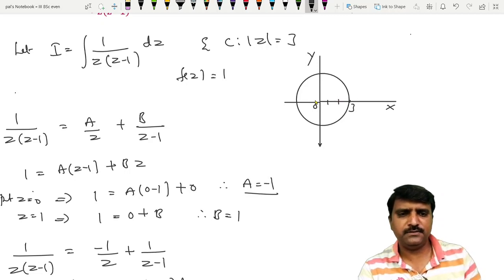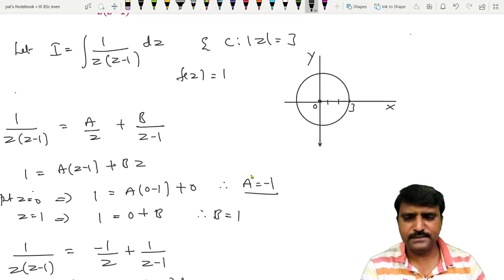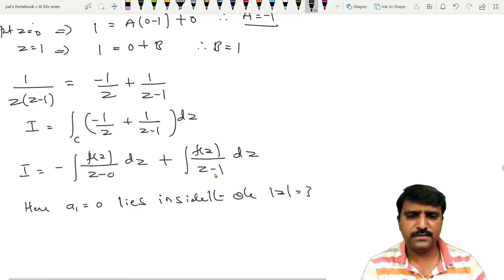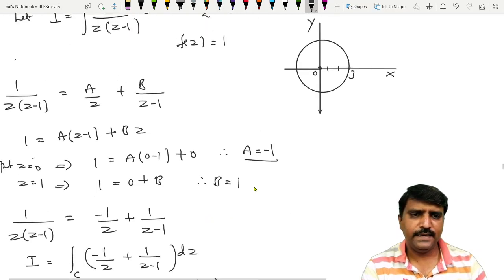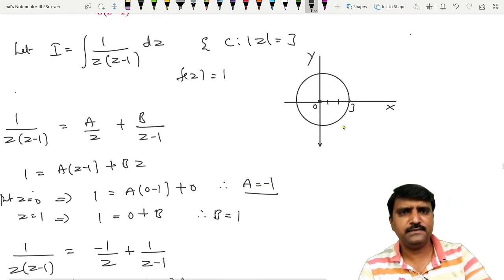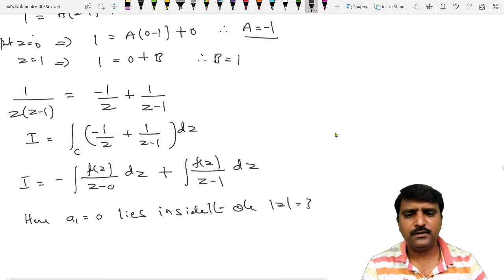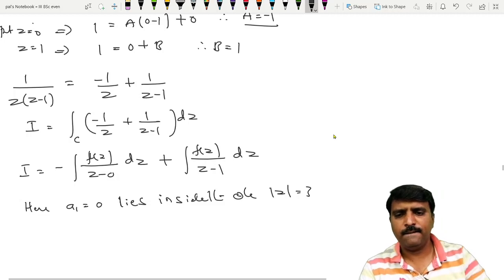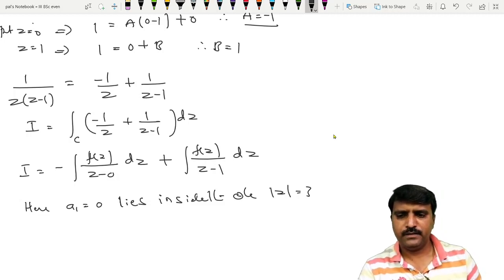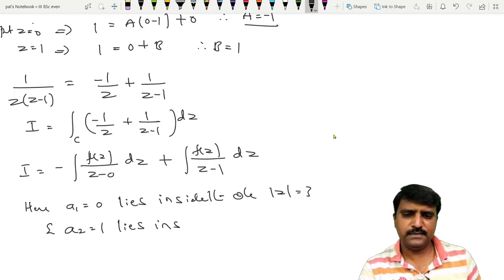So z is equal to 0 is the first point, and that lies inside the circle. Another point is z minus 1, so a2 is equal to 1. The point a is equal to 1 lies inside the circle. It is inside the circle, isn't it? So now you can use Cauchy's integral formula. And a2 is equal to 1 lies inside the circle.